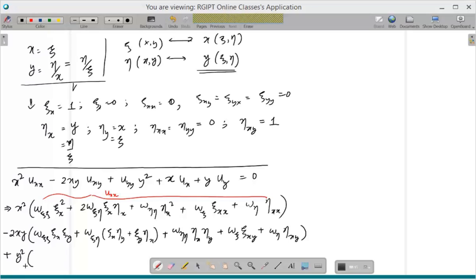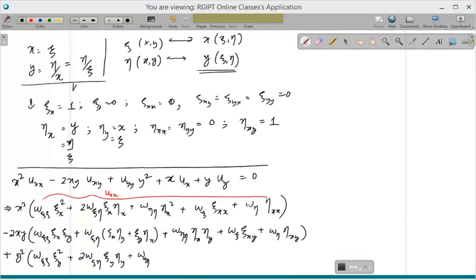That's y square, and then uyy will be, yeah, I have that. I want you to cross check each term because I'm also copying down from my previous expression that I gave you.